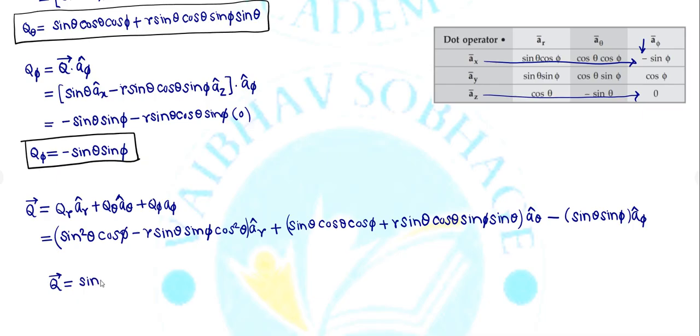Okay, so we have sine theta as common. Then sine theta cos phi minus r sine theta is taken common, so what is left? r sine phi cos square theta, vector ar plus what can be taken out from this bracket.